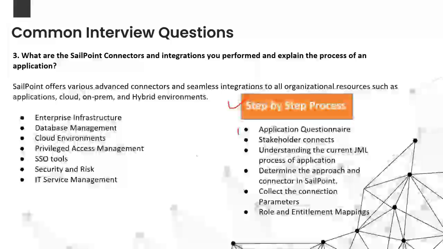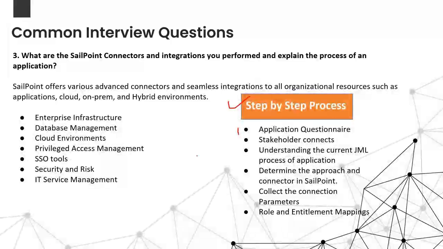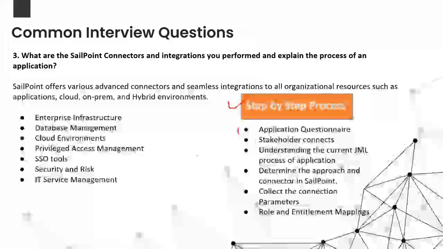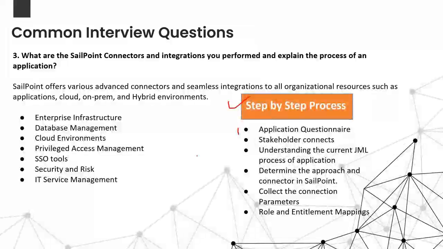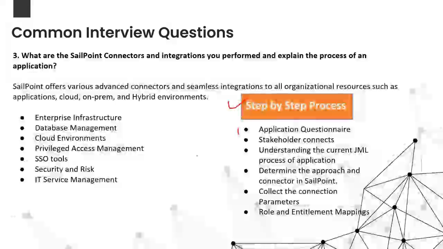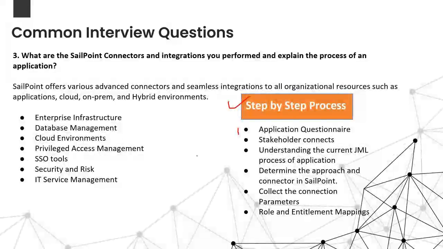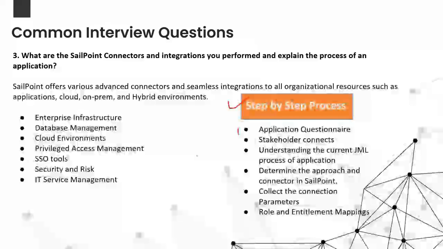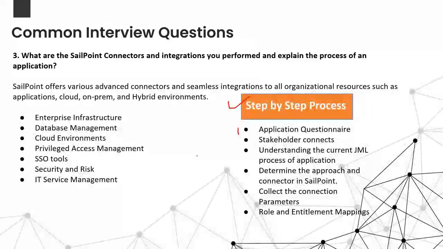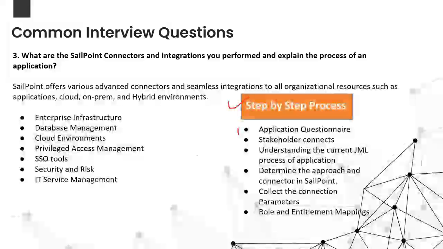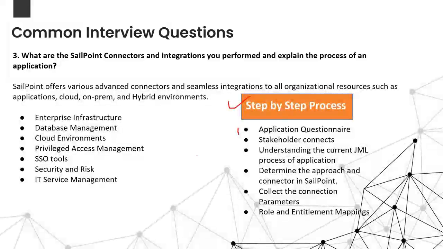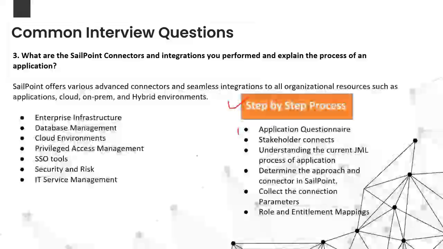It could be any format, guys. You can follow a standard questionnaire format, that is an Excel sheet, where you can maintain the basic details about the application: what is the application name, who is the application owner.